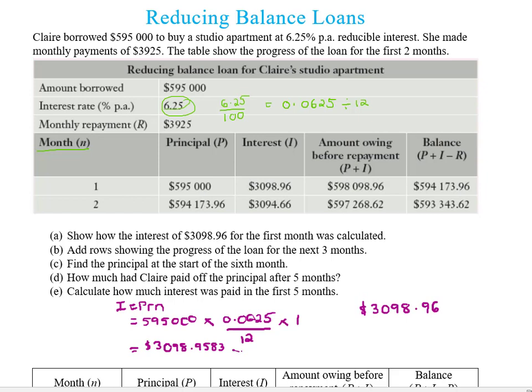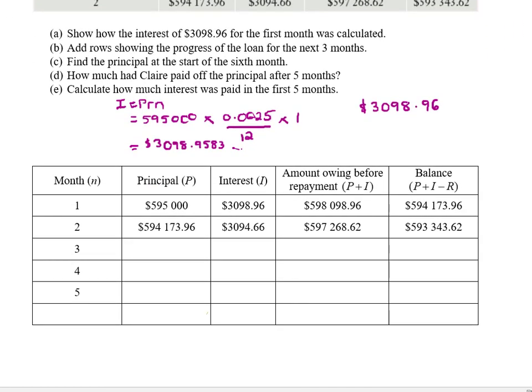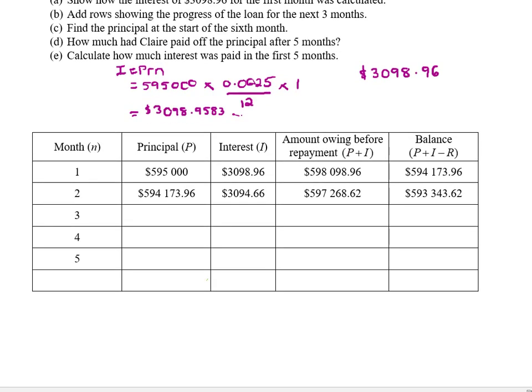The next question says, add rows showing the progress of the loan for the next 3 months. So what I'm going to do is have a look at the table, and I've redrawn it and added on some extra lines. So in reading my table, here is my principal, here is the interest. The amount owing at the end of the first month is the principal and the interest added together.